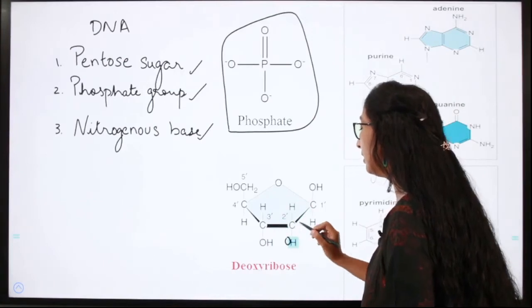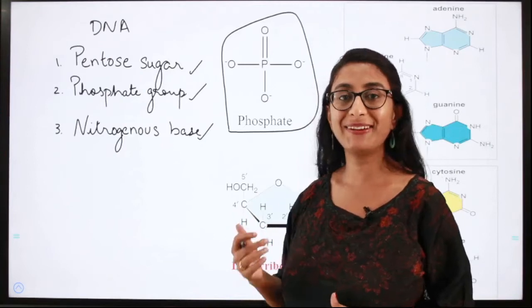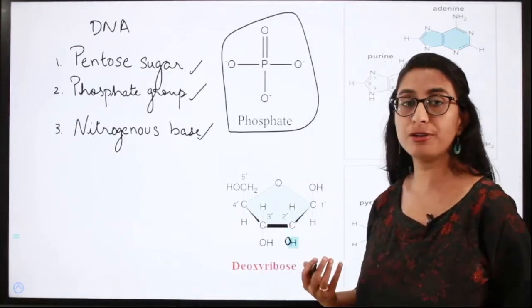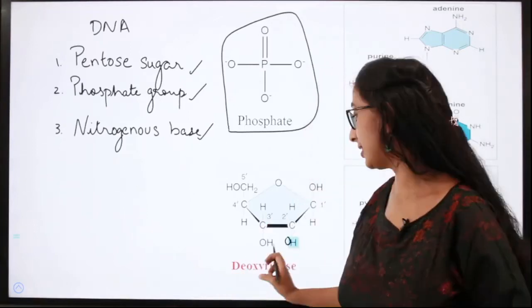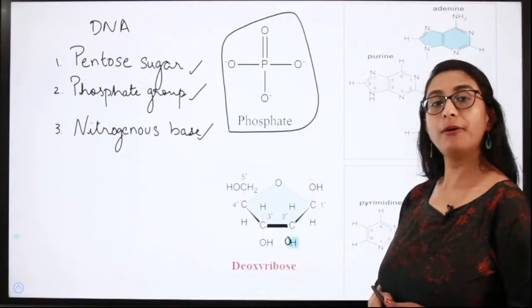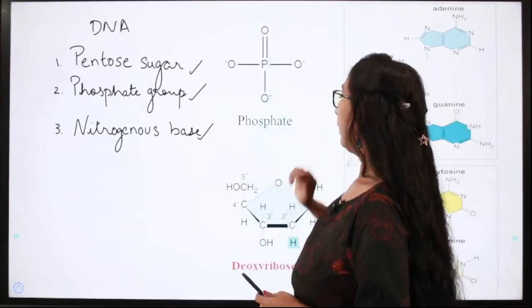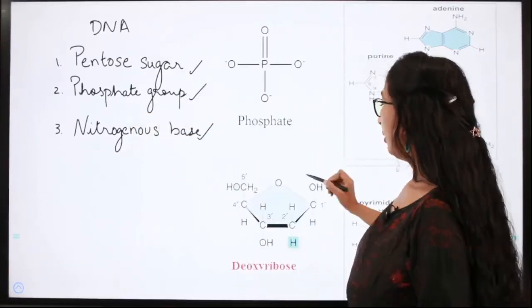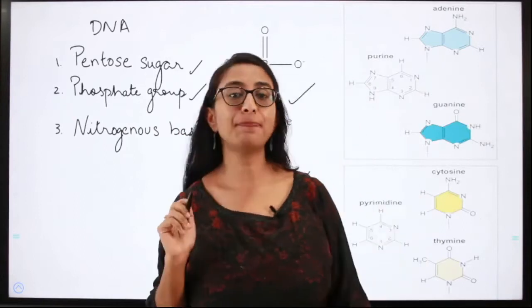That is the difference between deoxyribose and ribose. If at the second carbon atom you have H, then it is deoxyribose, whereas if you have a hydroxyl group, that is OH, in this position, it becomes a ribose sugar. So the DNA is composed of pentose sugar, phosphate group, and nitrogenous base.